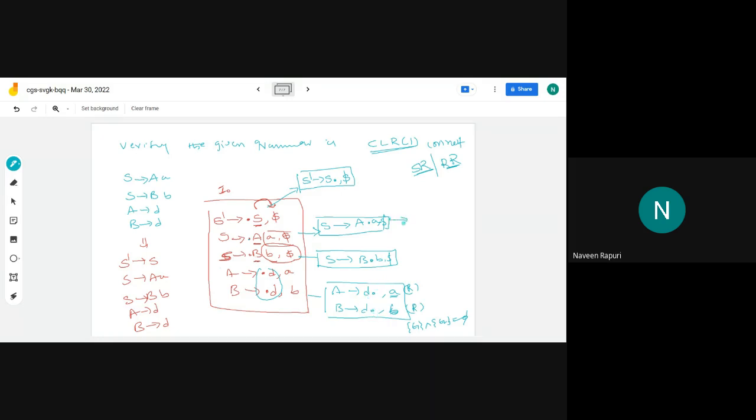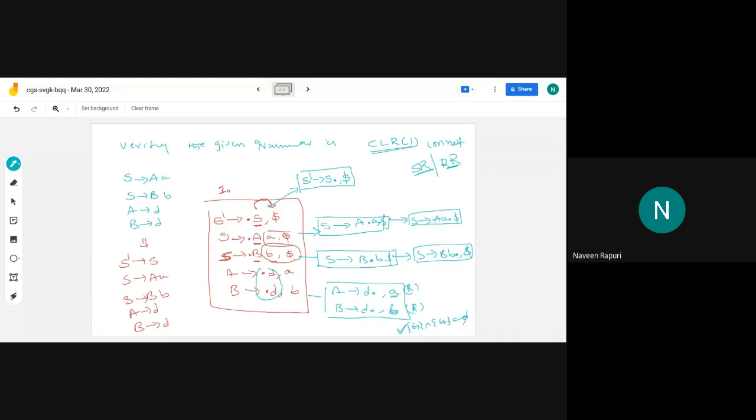By expanding this one, we get S derives Aa dot, comma dollar, and S derives Bb dot, comma dollar. Sir, if we get an RR conflict, we need to check one more property: the intersection of the look ahead symbols of the first production and the second production.